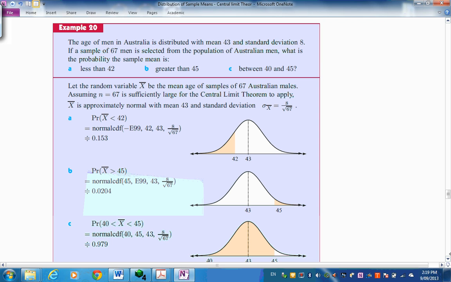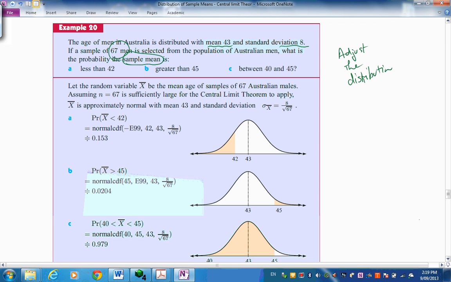The age of men in Australia is distributed with a mean of 43, standard deviation of 8. A sample of 67 men is taken. What is the probability... oh, sample mean, there's a clue. Adjust your distribution. We're talking about the expected variation in the mean of a bundle of 67 of them.